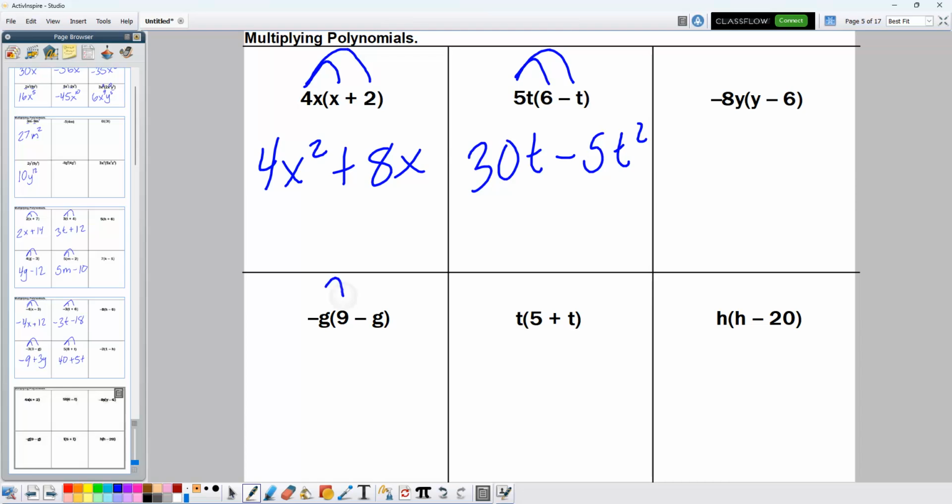Down below it, negative g times 9 would be negative 9g. Negative g times negative g would be plus g squared. It's like saying negative 1 times negative 1. It's positive 1. G times g, add the exponents. There's ones hiding up there.